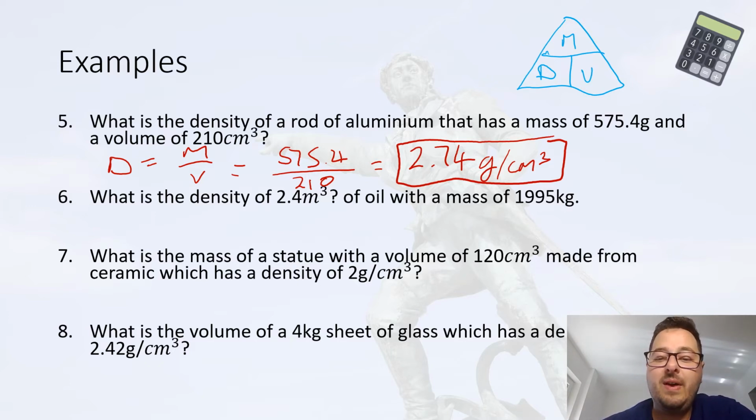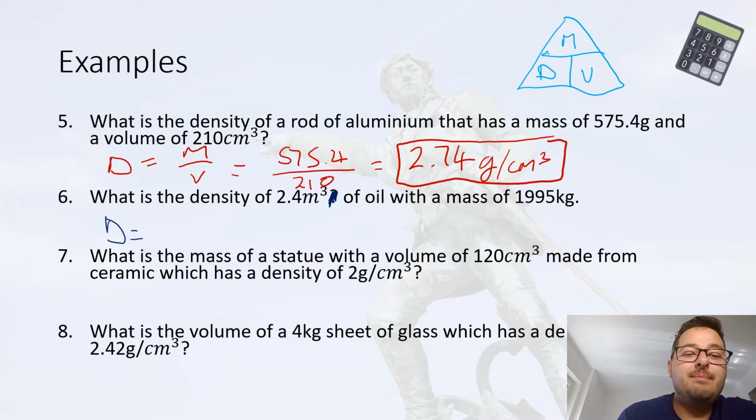Okay, next one, we want to find out the density of 2.4 meters cubed of oil with a mass of 1,995 kilograms. So get rid of that silly question mark. So the density is mass over volume again. The mass this time is 1,995.